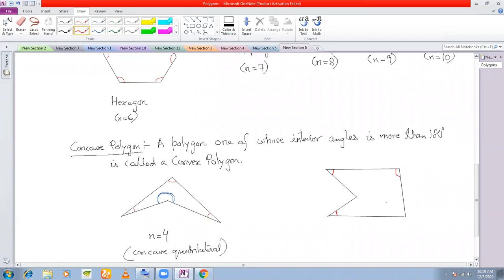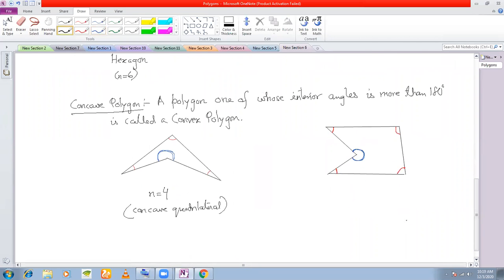This is less than 180. This is also less than 180. Which one is not less than 180? This angle is greater than 180. So therefore, this is also a concave polygon. How many sides first of all? There are 5 sides. Yes, it is a concave pentagon. Understood? And so on. This continues. So that is the concept of concave and convex.